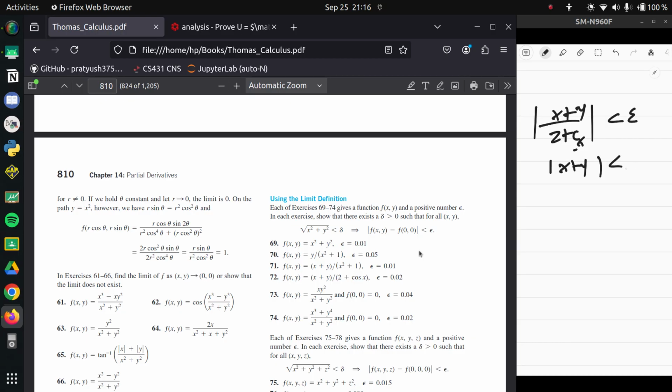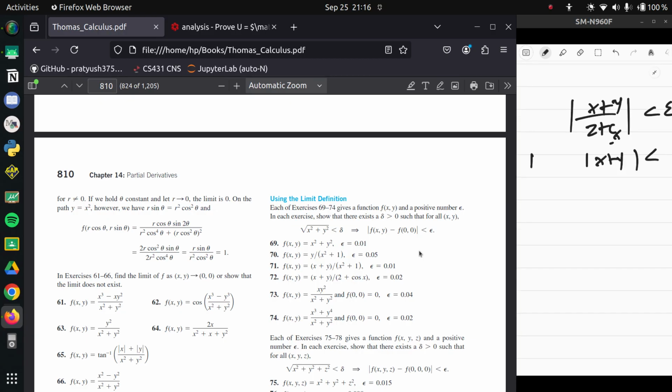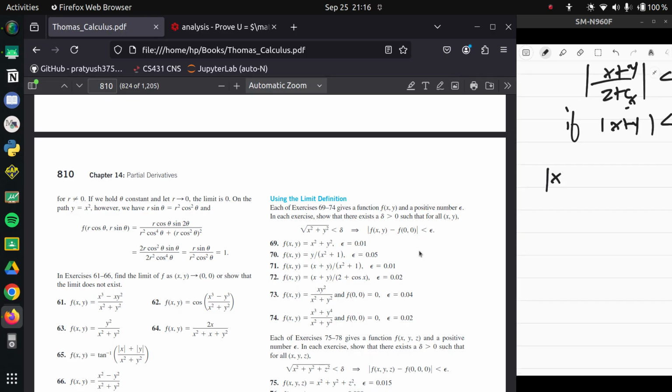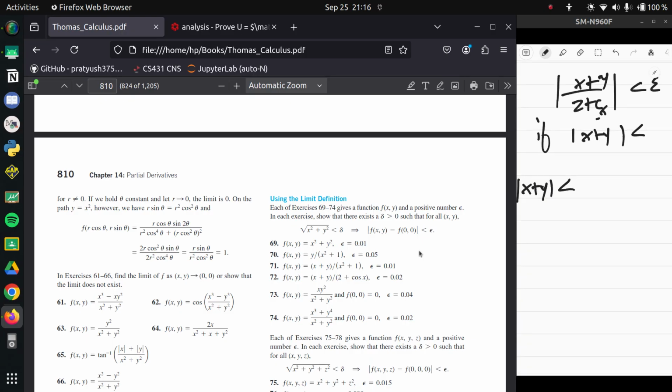So that's most certainly just... so it happens if, so if, right, so this would be the case. Yeah, so it's less than 2 epsilon.